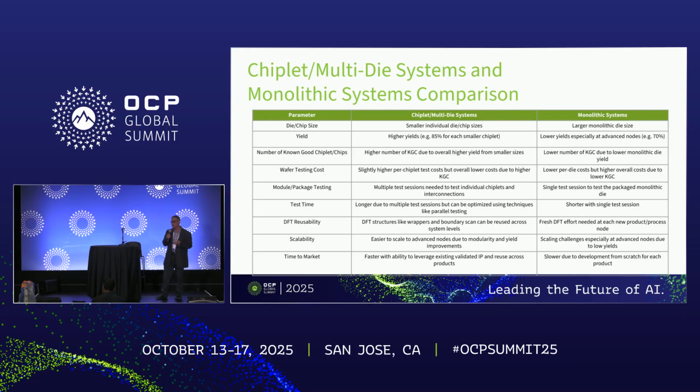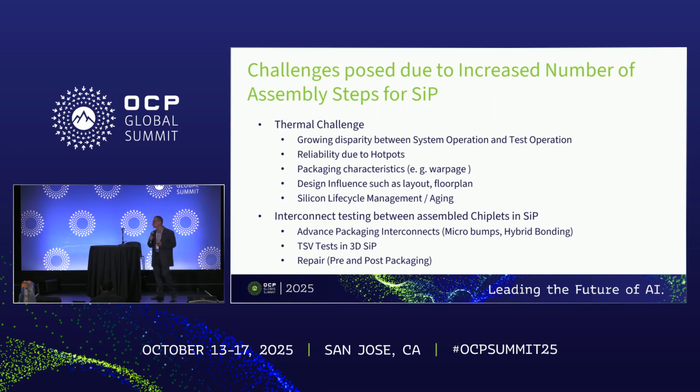This package, advanced package, especially, is going to see different scenarios. So, what are the challenges? I would like to bring to attention the thermal challenge and interconnect test challenges. Some of the very important for getting the system in a package assembled yield to be at a reasonable economic viability level. So, what does test do?